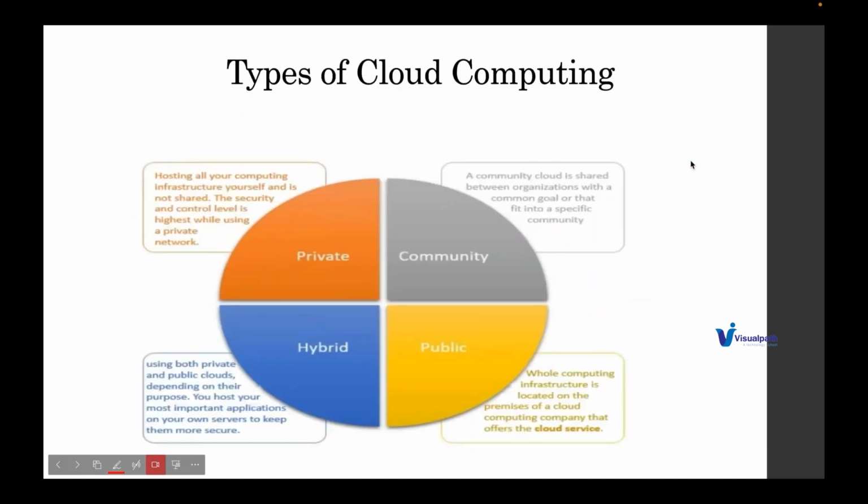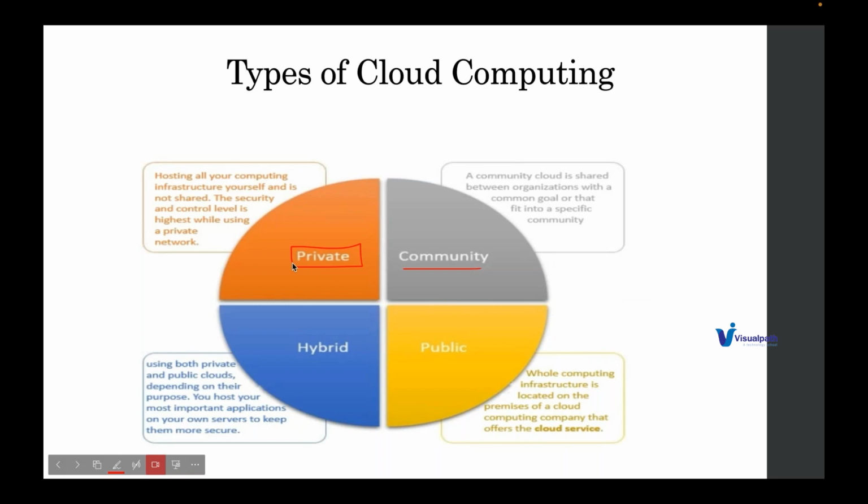You might have heard about the types of cloud computing. So what are the types of cloud computing? Basically we will see three types of cloud computing; community cloud is not covered here. First, we'll understand what is a private cloud. The name itself says private.